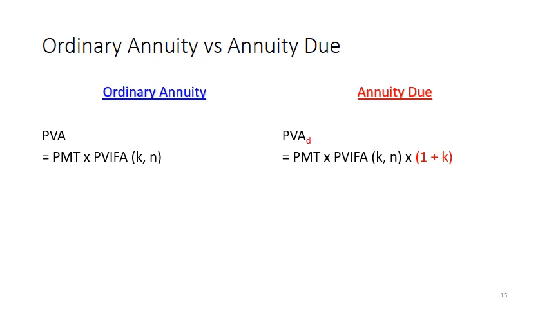So take note, it's quite simple. The formulas are similar except annuity due has an extra bracket 1 plus k. Annuity due has one less discounting period. This is the key difference between these two annuities.